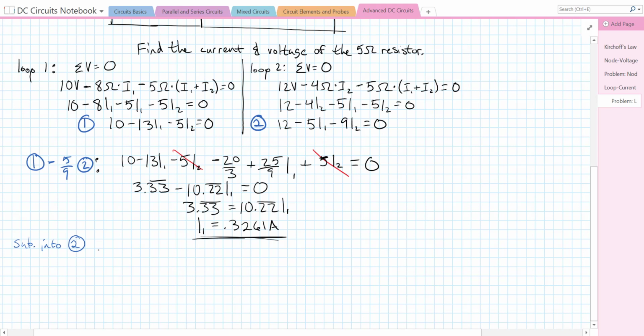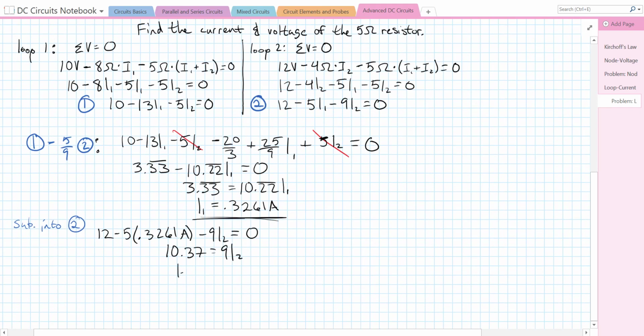So that ends up being 12 minus 5 times 0.3261 amps minus 9I2 is equal to 0. We can simplify that, move our 9I2 to the other side, and we get 10.37 is equal to 9I2.